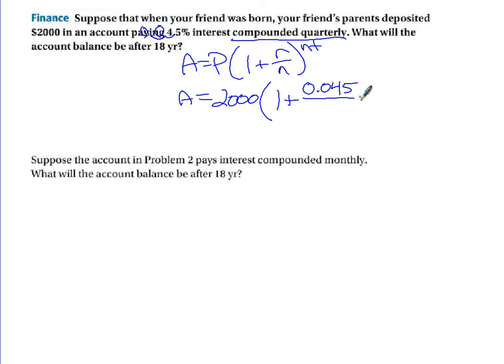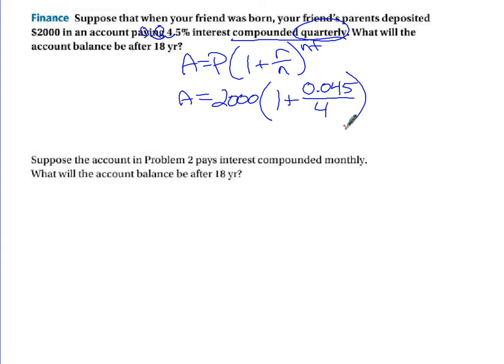Now I'm dividing by n, and n is what? The number of times you're getting interest per year. We see this word quarterly right here, and quarterly says I'm getting interest 4 times per year, so I'm going to write 4 here. Close the parentheses.